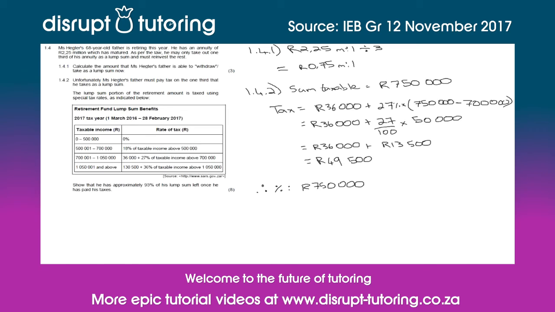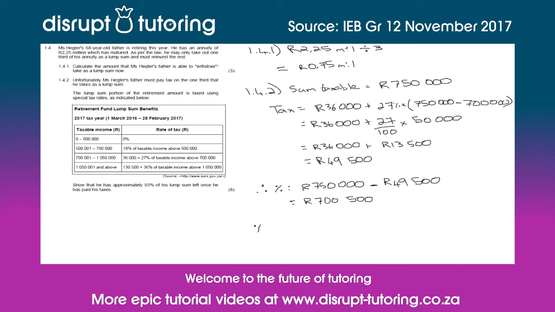He needs to pay 49,500 as tax, so we minus that 49,500 that's due in tax. In your calculators, this is going to equal 700,500 rand.